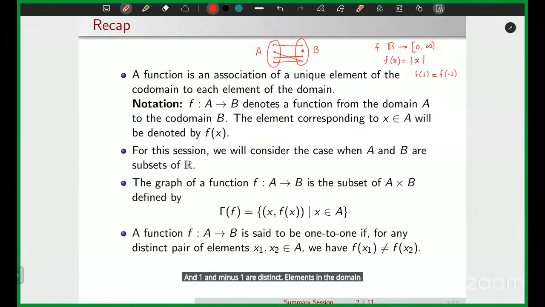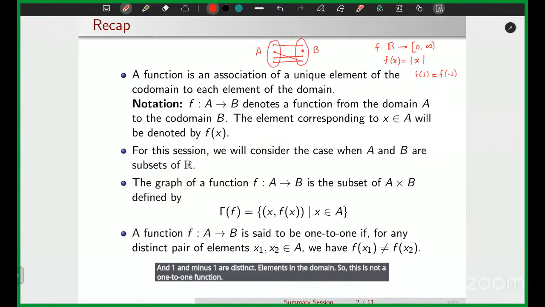So this is not a one-to-one function. The recap does contain that also, so I'll comment on that after I get to that point. The first point is clear, I suppose. What is a function? What is the domain? What is the codomain?